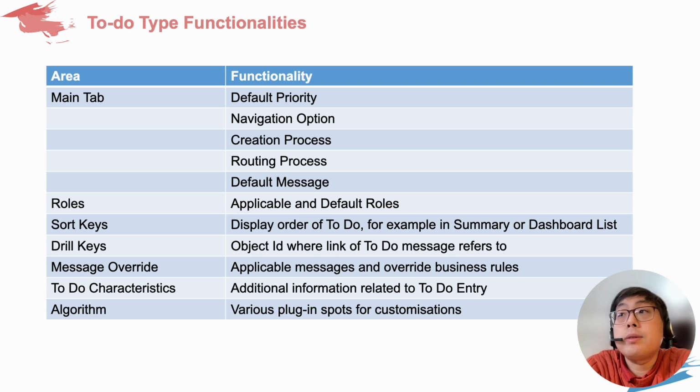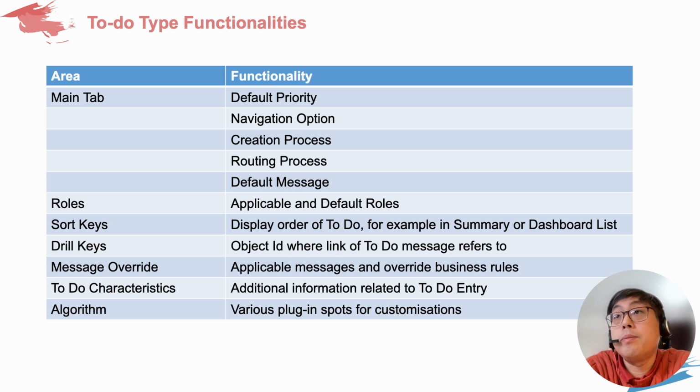Creation process is an optional algorithm, where you can add additional validations, pre-processing, or populate additional information, for example. And there is a routing process, which means when the To Do is created, does it need to be routed to an additional system?